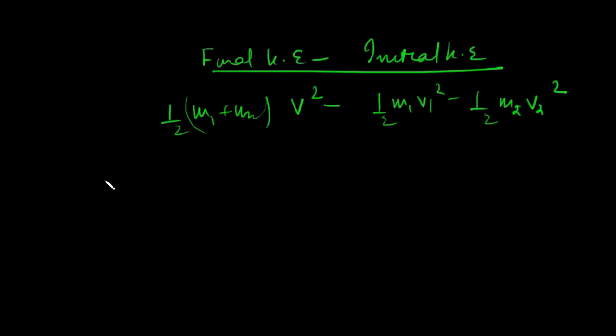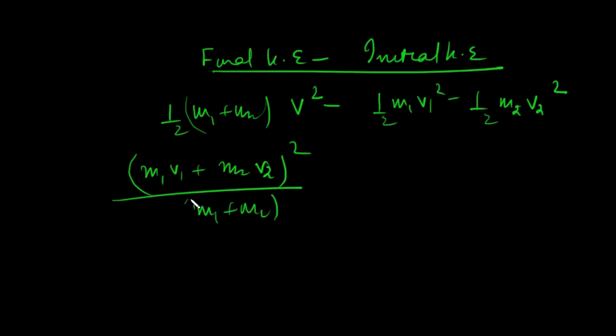What was v? v was m1 v1 plus m2 v2, the whole square, divided by 2 into m1 plus m2, minus half m1 v1 square minus half m2 v2 square.